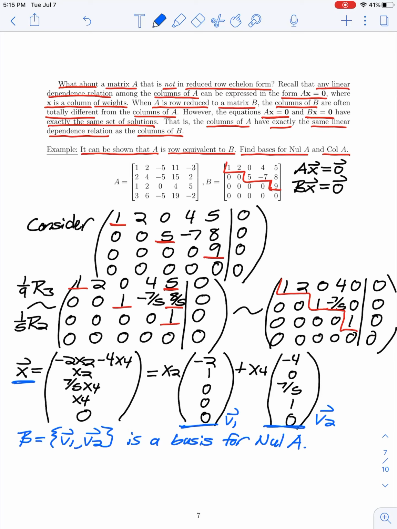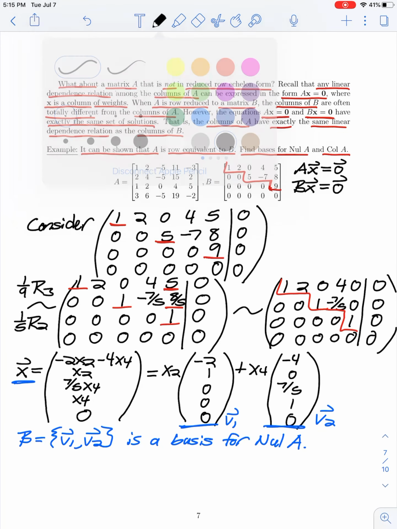Now, second part of this example asks for a basis for the column space, and so we see from the form of B, as we did in our last example, that the non-pivot columns, those are columns 2 and 4, can be written as a linear combination of the pivot columns.